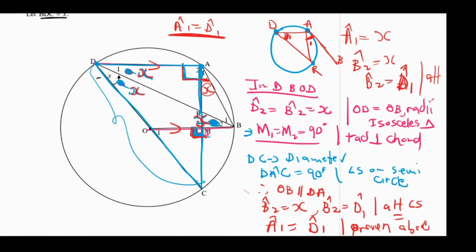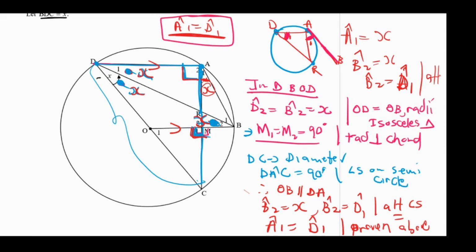Right? And so once you do this, then therefore AB is a tangent. Why am I saying that? I said initially we need to prove that A1 is equal to D1. Why? Because when these two are equal, and when this is a tangent, then the tan chord theorem applies.